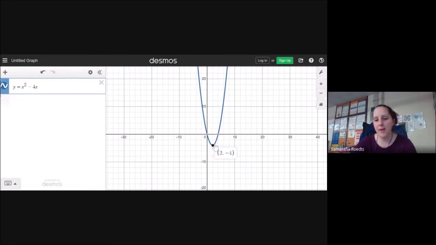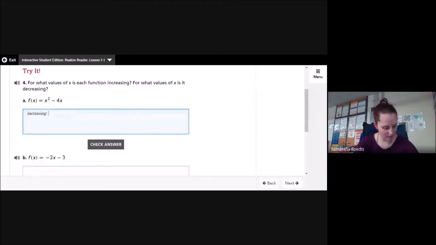And then turning from there, I'm increasing. So I'm decreasing from negative infinity to 2, my x value of 2, and then I'm increasing from 2 to positive infinity. So increasing from 2 to infinity, and decreasing from negative infinity to 2.